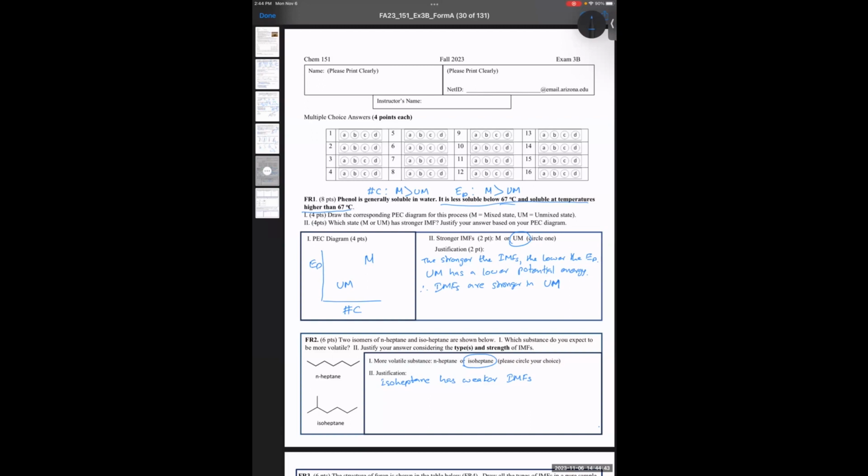So what are the types of intermolecular forces we can have? We can only have dispersion forces.